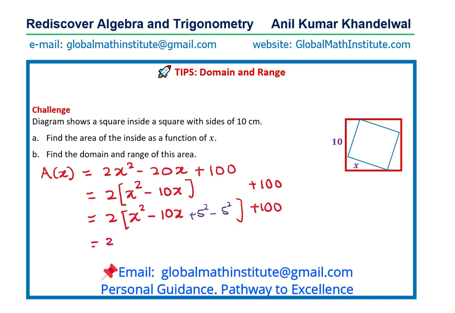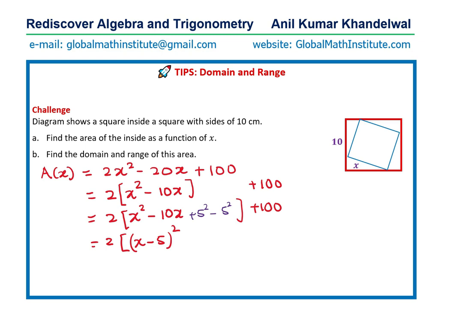That gives you 2 times x square minus 10x plus 5 square, which is x minus 5 whole square. Correct. Minus 5 square is minus 25 plus 100. Now you can open the bracket. 2 times x minus 5 whole square minus 50 plus 100.